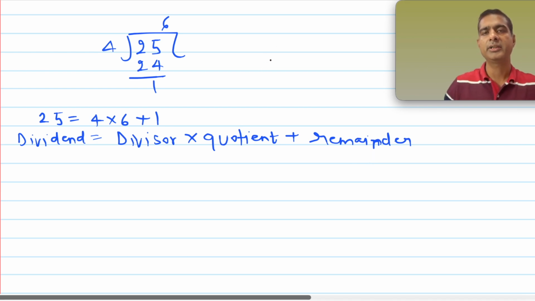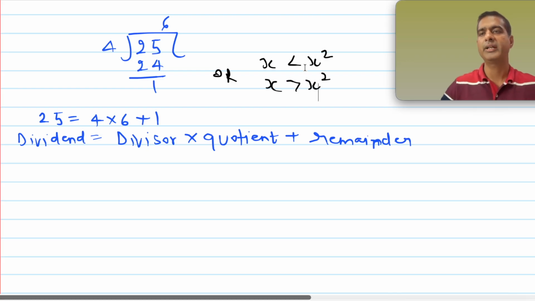Like I cannot say that x is less than x square or x is greater than x square. We cannot say until and unless I know the values of x. It seems that x will be less than x square or greater than x square, but depending on the values of x, either statement can be false. So how do we know what the remainder of the division of polynomials is?